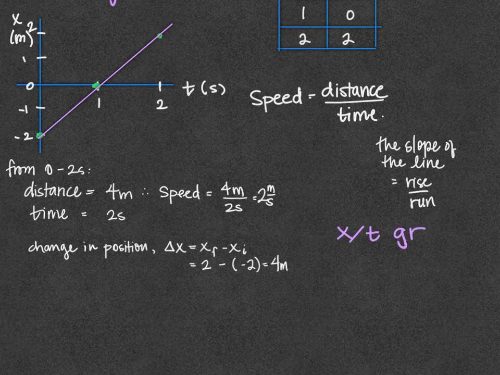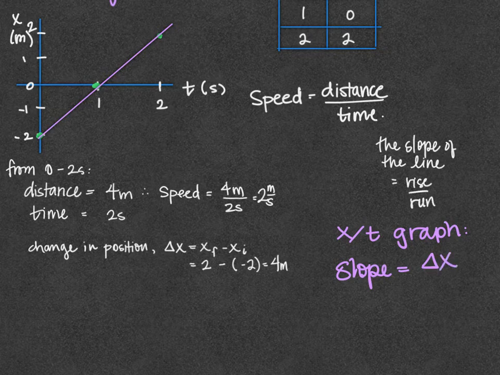So in the case of our position time graph, the slope will be the change in position over the change in time.